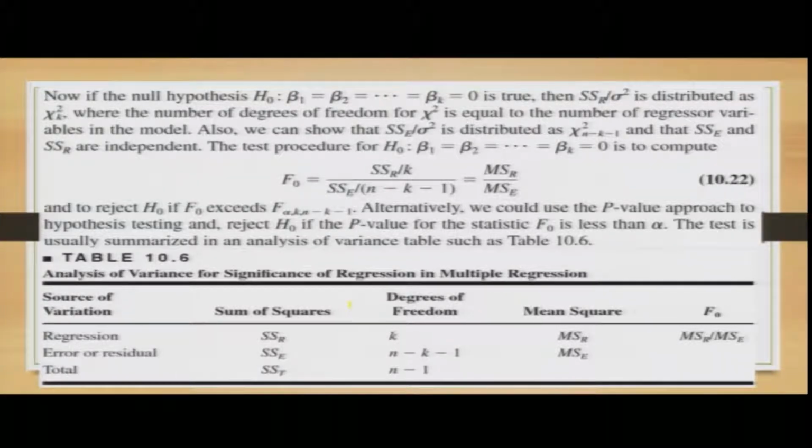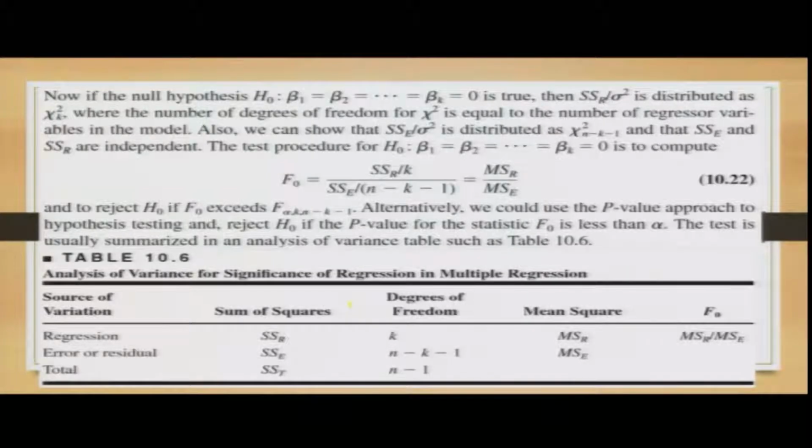That gives the mean square of the regression divided by the mean square of the errors, and we will reject H0 if F0 exceeds the value of F alpha. Alpha is the level of significance which you have. Alternatively, we could use the p-value approach to test the hypothesis and reject H0 if the p-value of the statistic F0 is less than alpha, or if it is greater than alpha, we accept it. Alpha can be 1%, 5%, 10%, and so on.